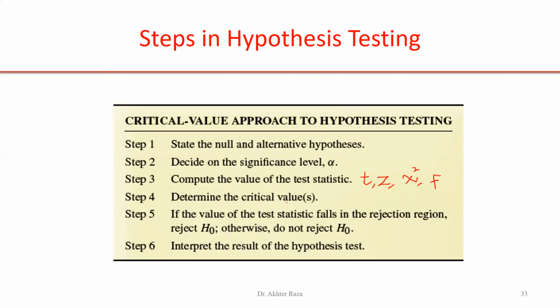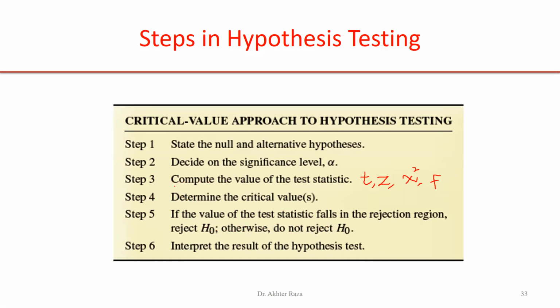Now then critical region, critical values are to be taken from the table and the decision will be taken according to the criterion. The criterion is what? If the value of statistics in step 3 is falling in the acceptance region, then the data provides sufficient evidence in support of H naught.